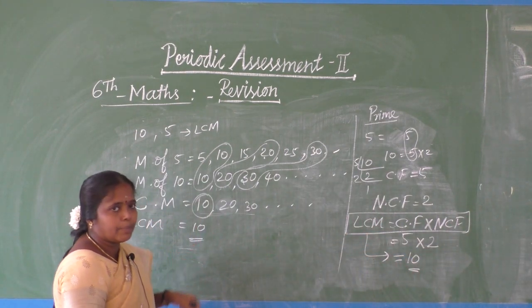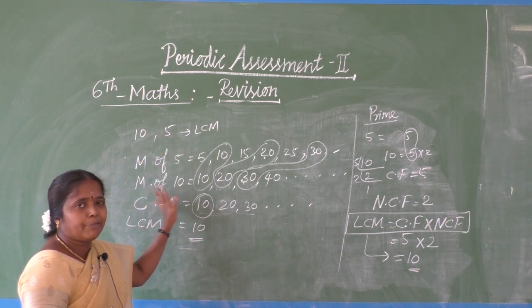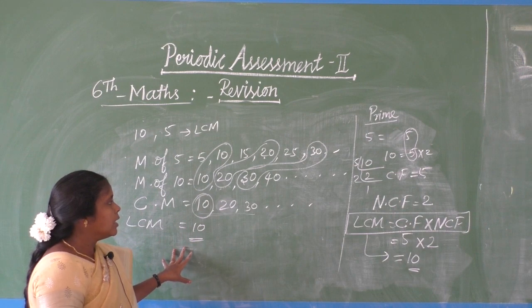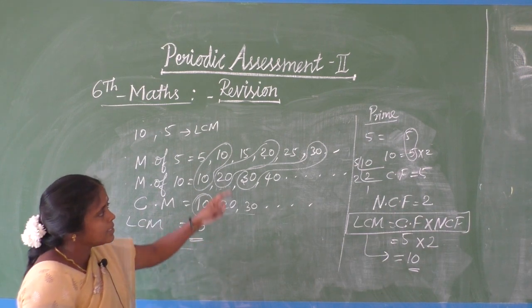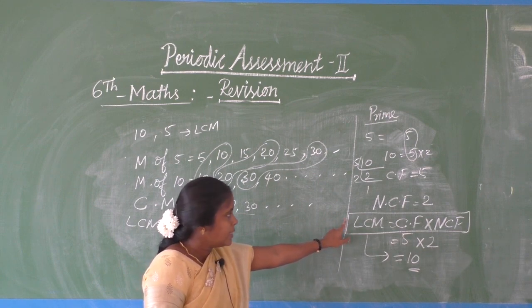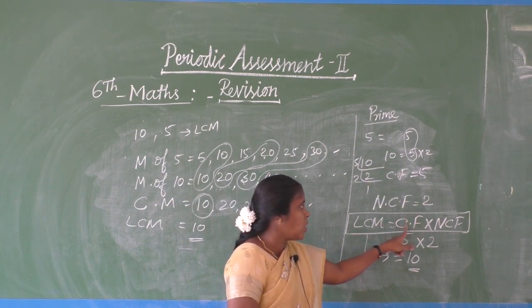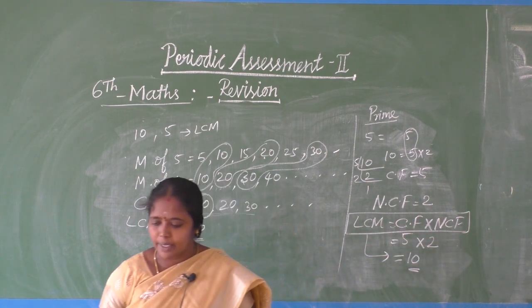Anyhow, our answers are coming correctly. This is generally by taking a few multiples of both numbers, how to find the LCM. This is using prime factorization, how to find the LCM. In this category, you must watch this: LCM is the product of common factor and non-common factor. Understood, pa?